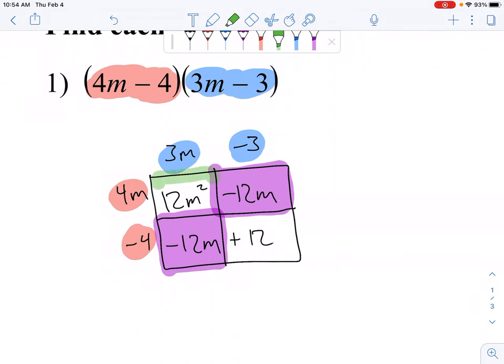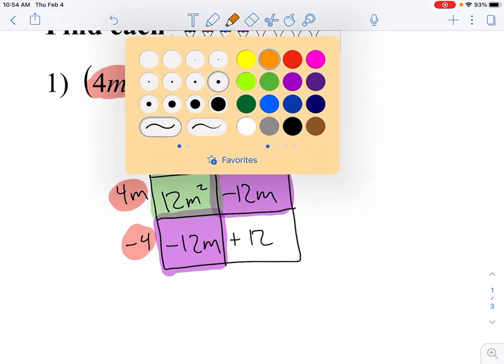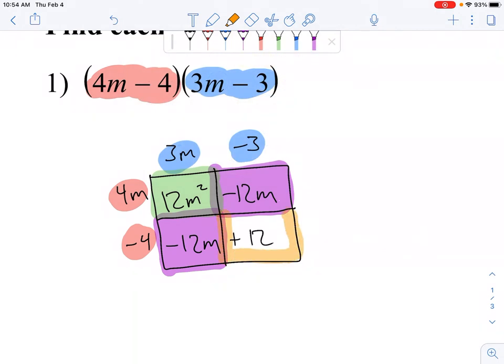The 12m squared box doesn't have any like term boxes, and the positive 12 doesn't have any like term boxes. So I'm going to have 3 terms in my answer. I'm going to have a 12m squared, and I'm going to have a positive 12.